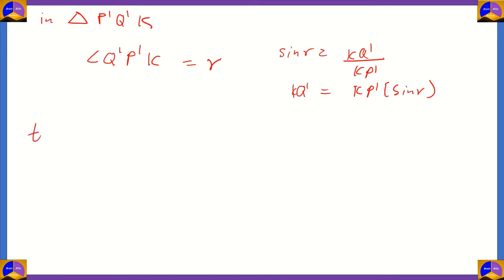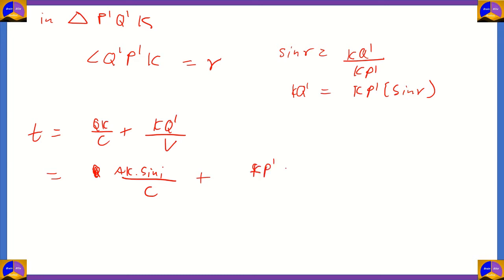Now remember our original equation, time equals QK by c plus KQ dash by v. We'll just substitute the values of QK and KQ dash. So QK was equal to AK times sine I divided by c, plus KQ dash would be KP dash times sine r divided by v.